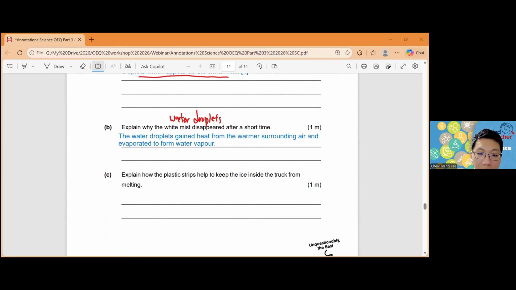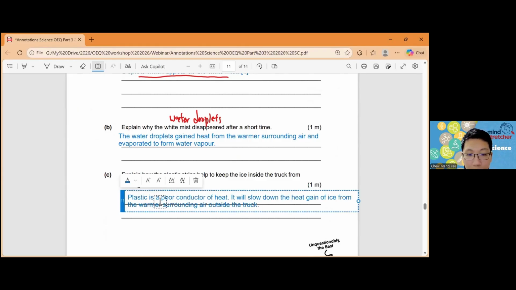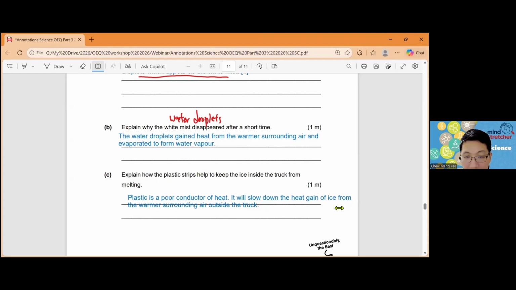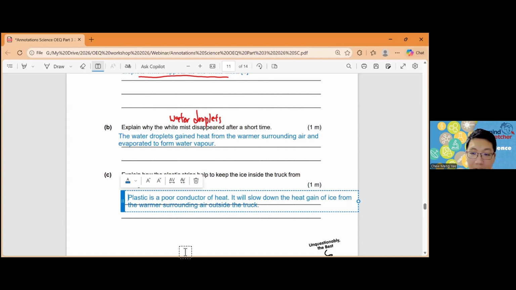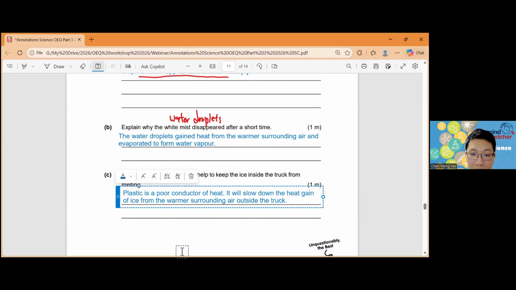Okay, so they are plastic for a reason. We choose plastic because it's a poor conductor of heat, which helps to slow down the heat gain of the ice from the warmer surrounding air.